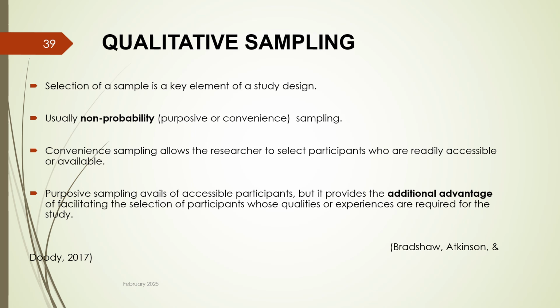Convenience sampling allows the researcher to select participants who are readily accessible or available, as we said, and in general we can classify them as non-probability sampling, which is different from quantitative research, which, if you remember, depends on probability sampling.